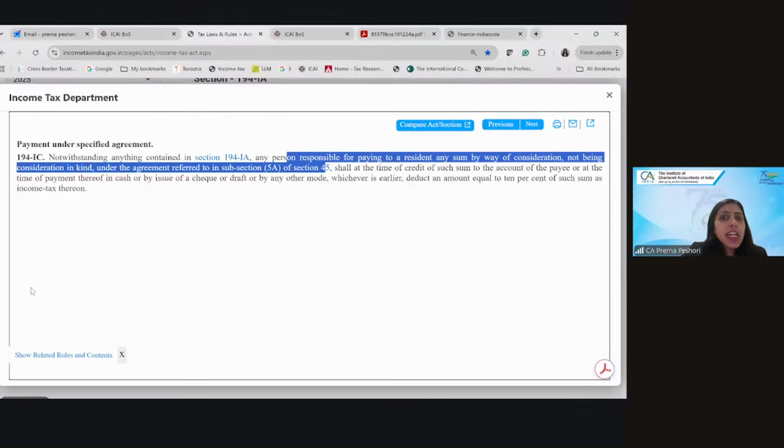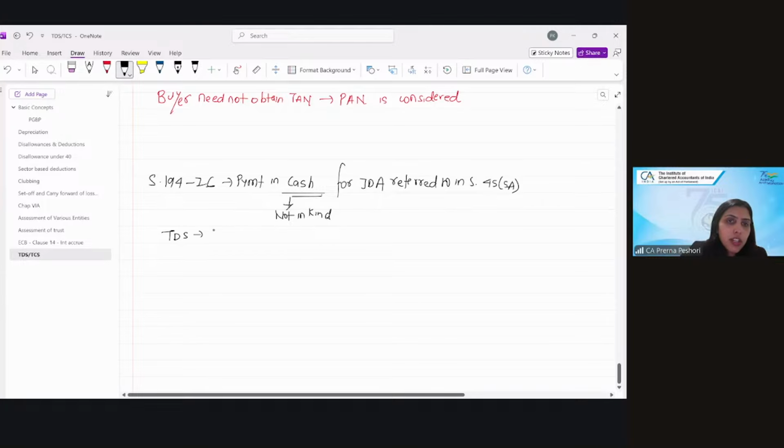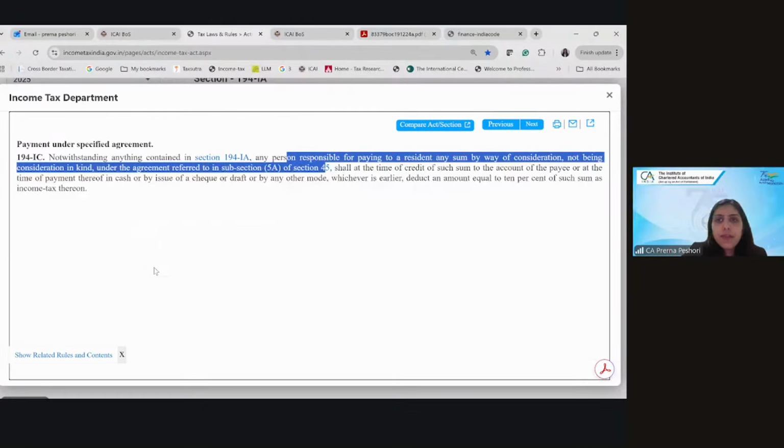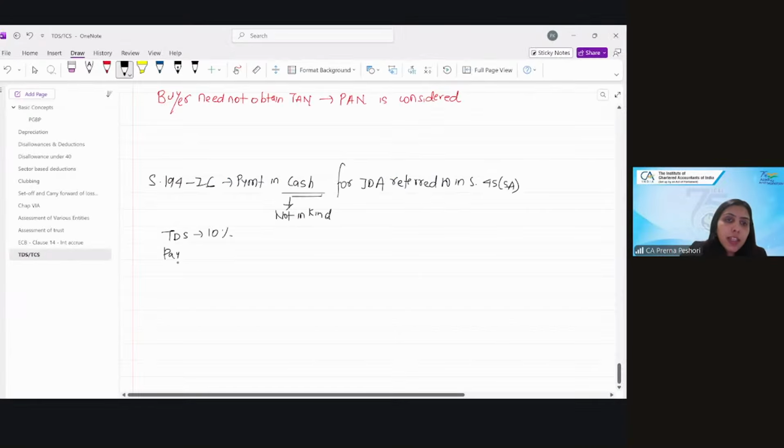What is the TDS rate? 10%. And there is no threshold here. The payee has to be the resident. The timing is credit or payment, whichever is earlier.